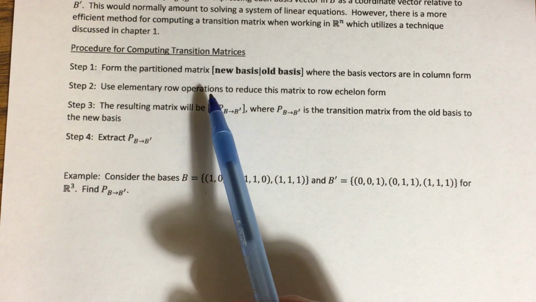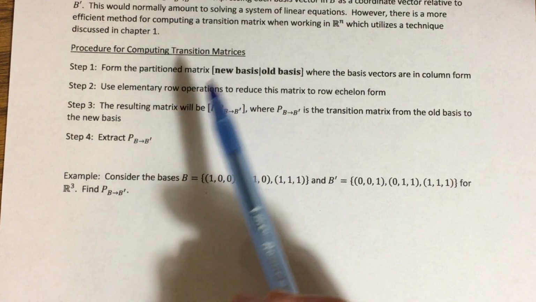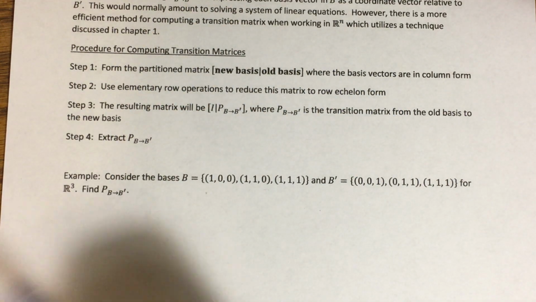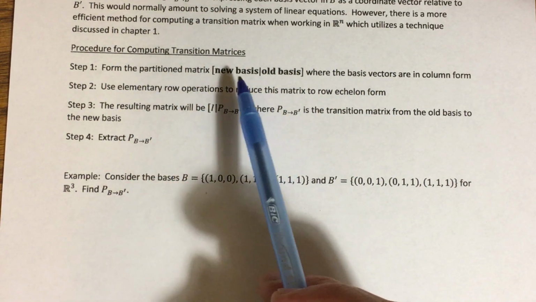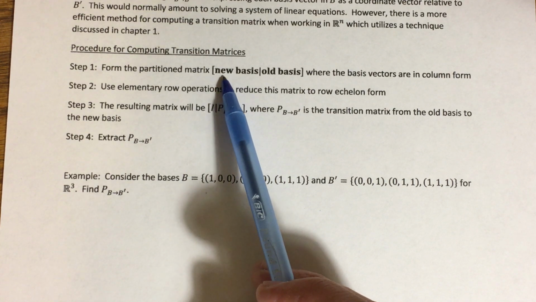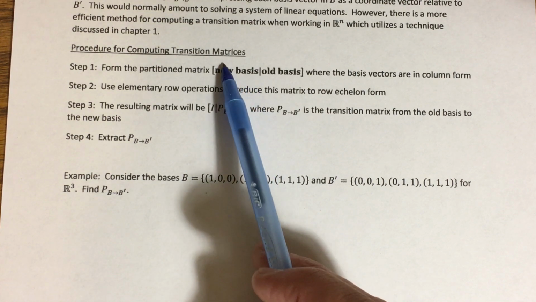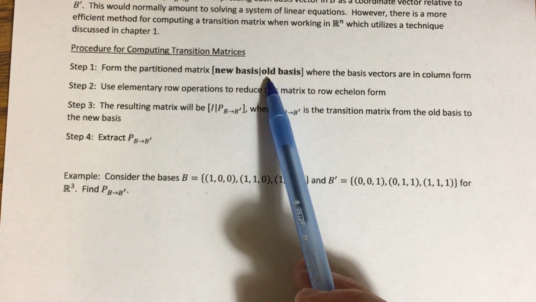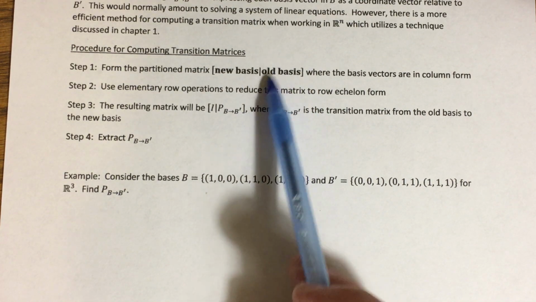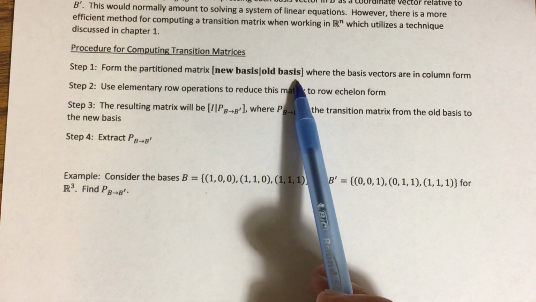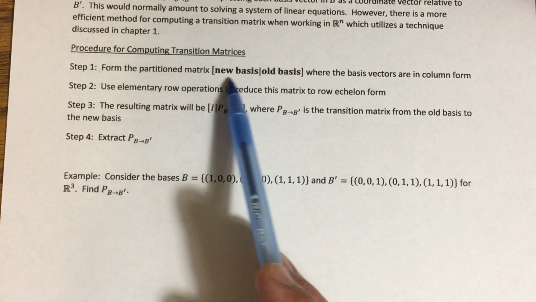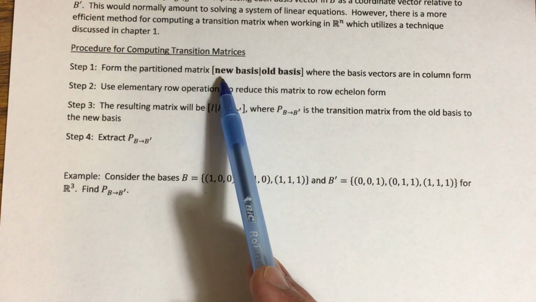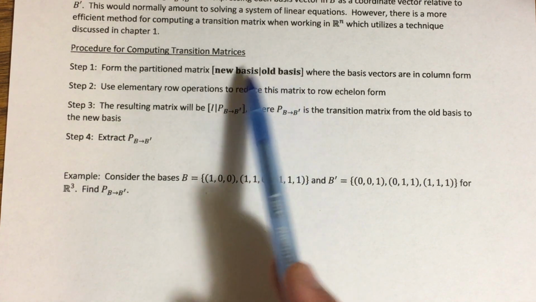If you want a transition matrix that takes you from an old basis into a new basis, then we create a partitioned matrix where on the left we use as columns the vectors in the new basis, and on the right we use as columns the vectors in the old basis. Then we row reduce this using Gauss-Jordan.